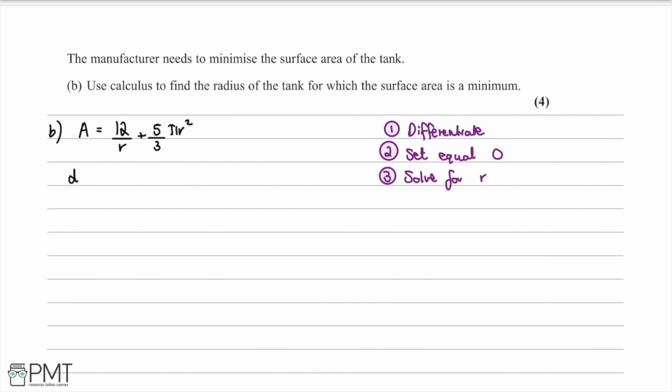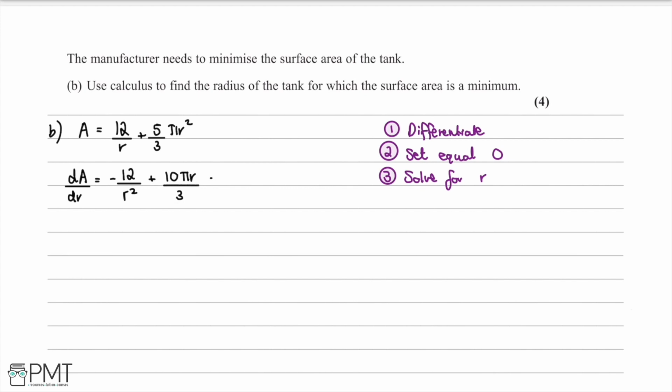So we have dA, and we're going to be differentiating with respect to r, and then that 12 over r is going to differentiate to minus 12 over r squared, and then our 5 over 3 pi r squared is going to differentiate to 10 pi multiplied by r over 3.